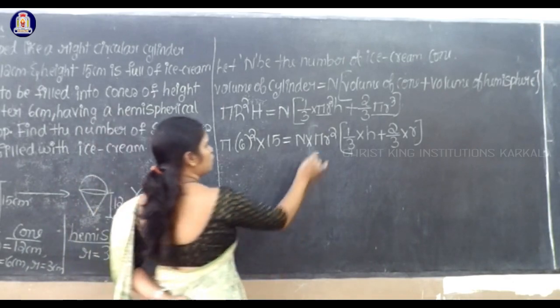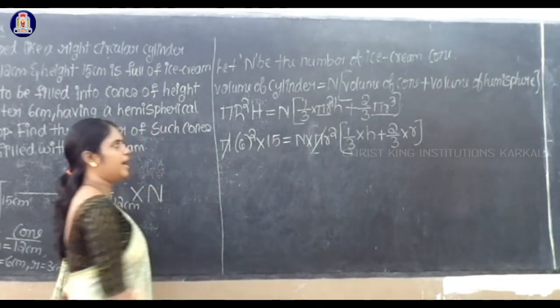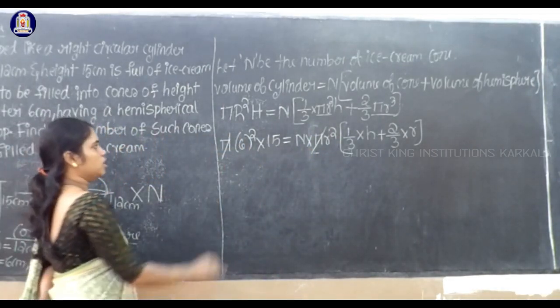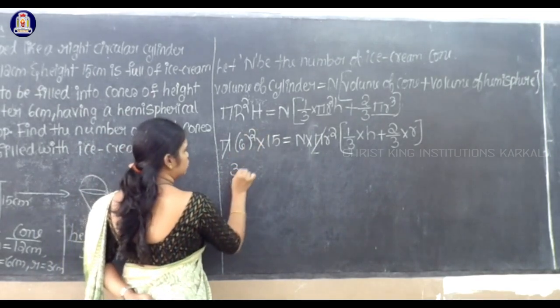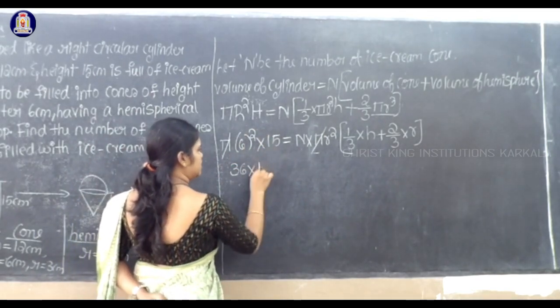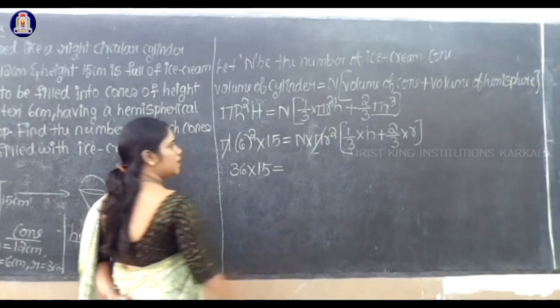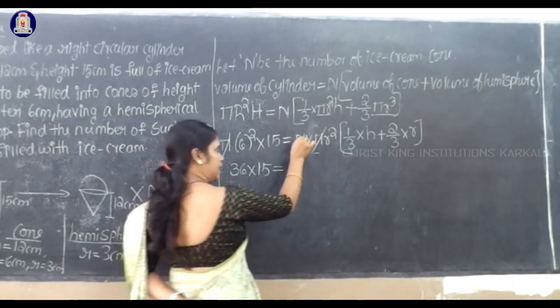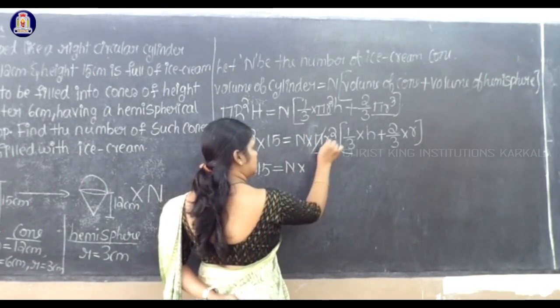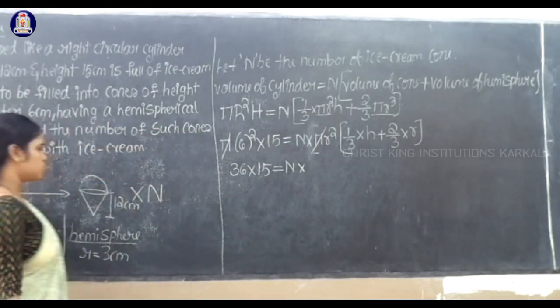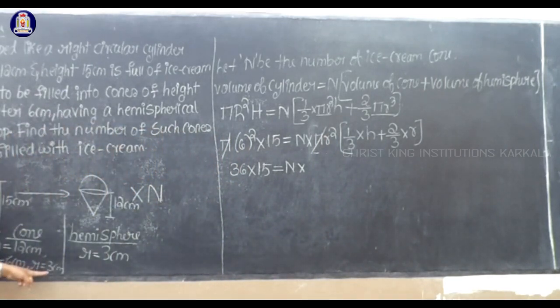Now shall I cancel this pi and pi? Yes. So 6 square equal to 36. So 36 into 15 equal to n into, what is the value of small letter r? Small r is equal to 3.